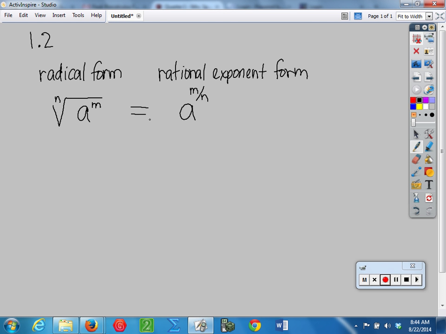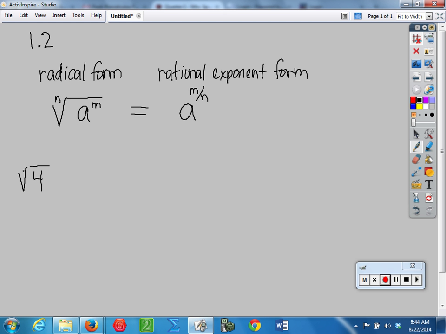The biggest one that you're going to see is going to be the square root. If I see the square root of 4, it doesn't have anything inside the radical, kind of like if you just see a plain x, you know it's x to the first power.